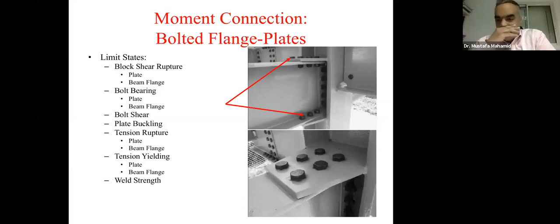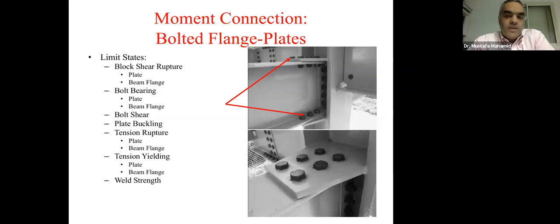And that's what determines the limit states that need to be checked. So in moment connections, there are no tables, but for these types of connections, we covered the limit states that need to be checked.